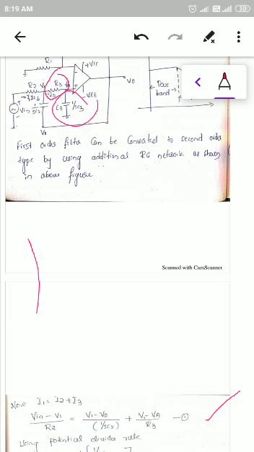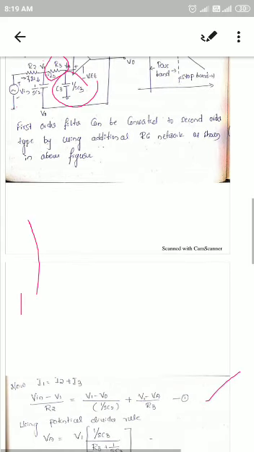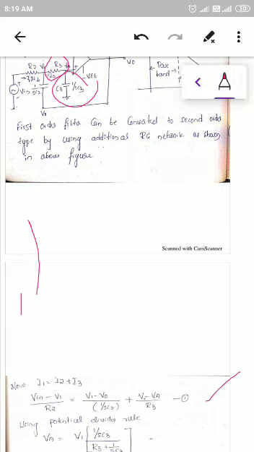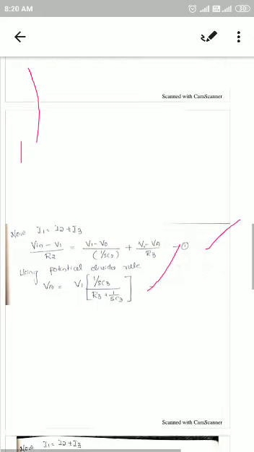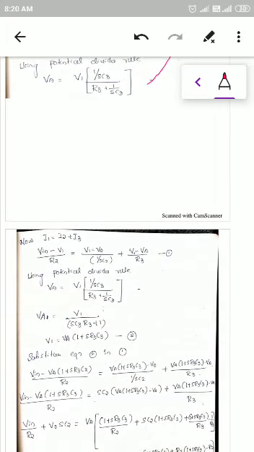See here, I have calculated VA: VA is equal to V1 into bracket of 1 by SC3 divided by R3 plus 1 by SC3. So this is the equation to calculate the potential at the point VA, and up to here we have already understood.